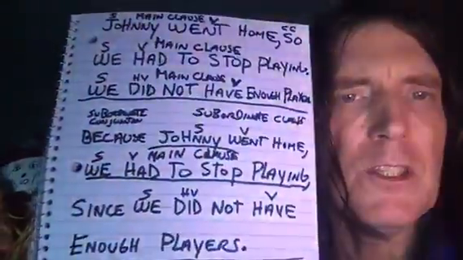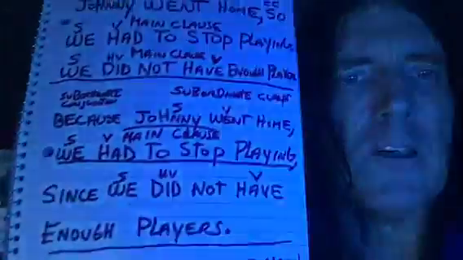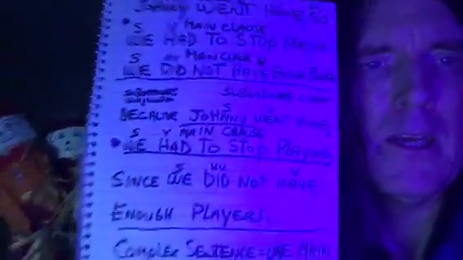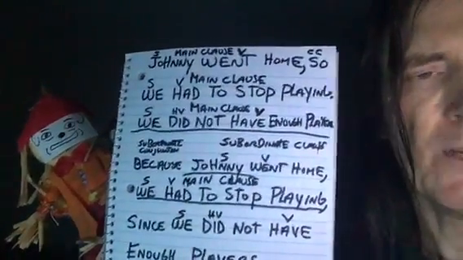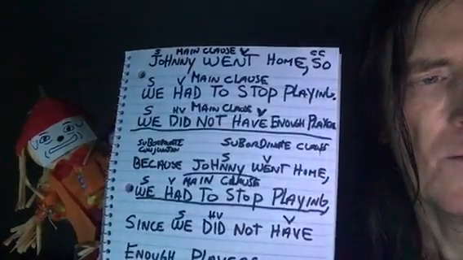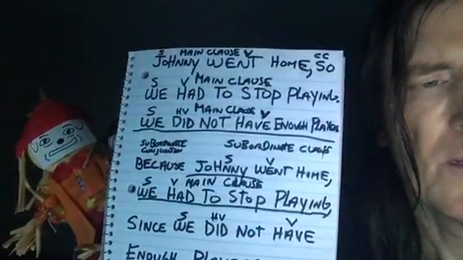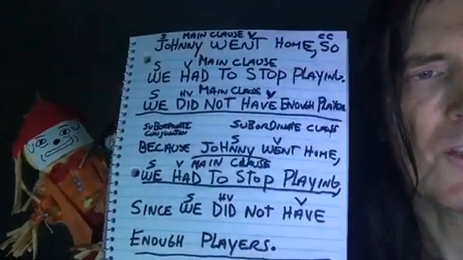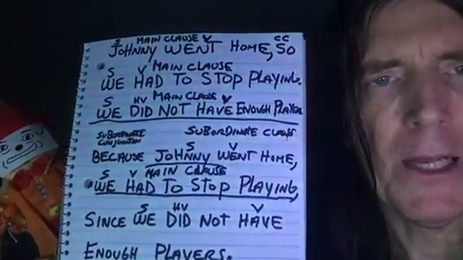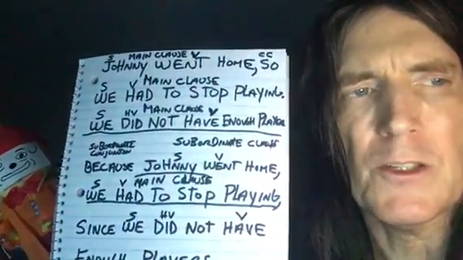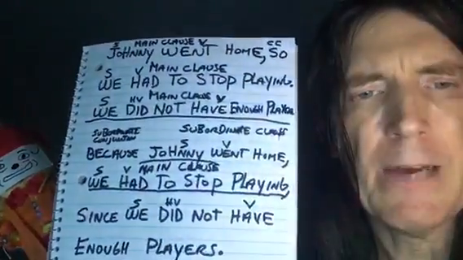It's got three clauses: two subordinate clauses and one main clause. The two subordinate clauses are introduced by the conjunctions because and since. Because Johnny went home, we had to stop playing, since we did not have enough players. There's our one complete sentence with one main clause, we had to stop playing. The two subordinate clauses are because Johnny went home and since we did not have enough players.